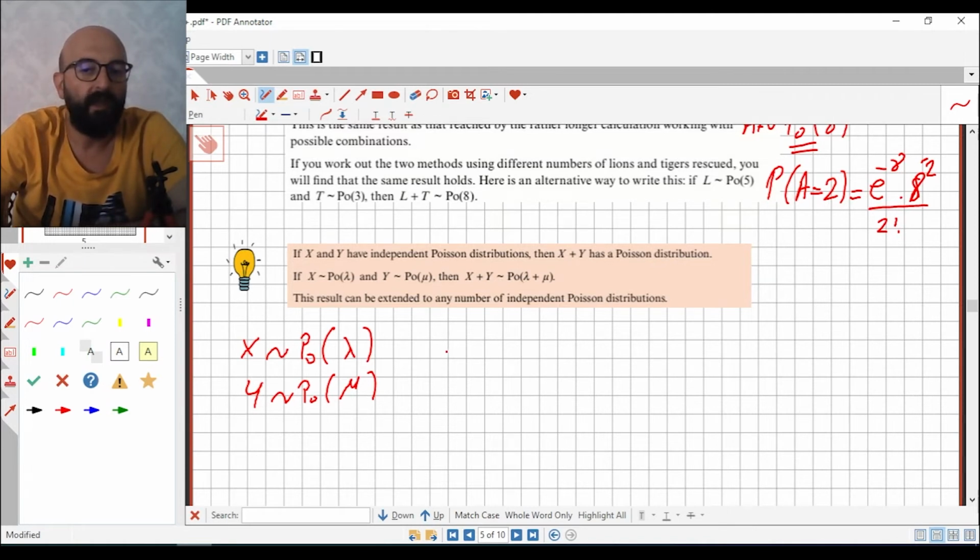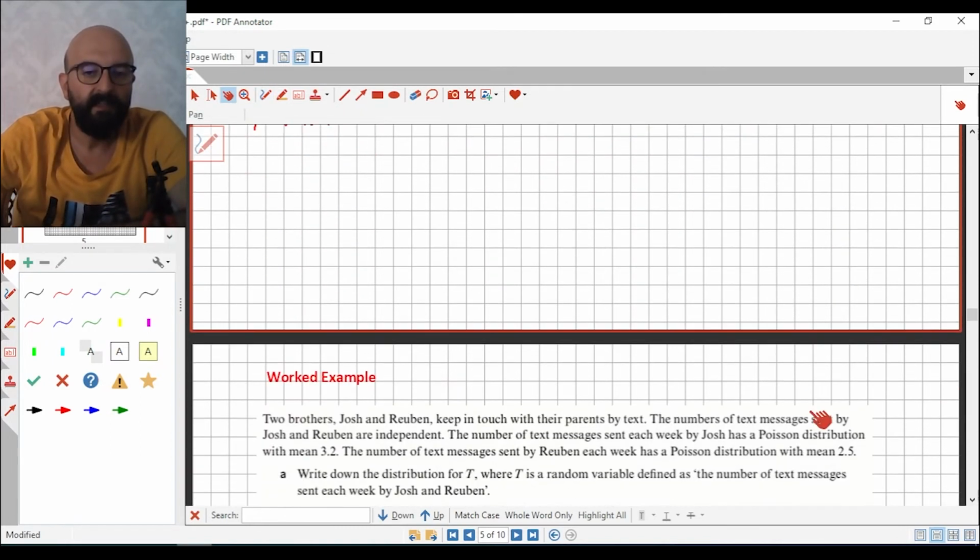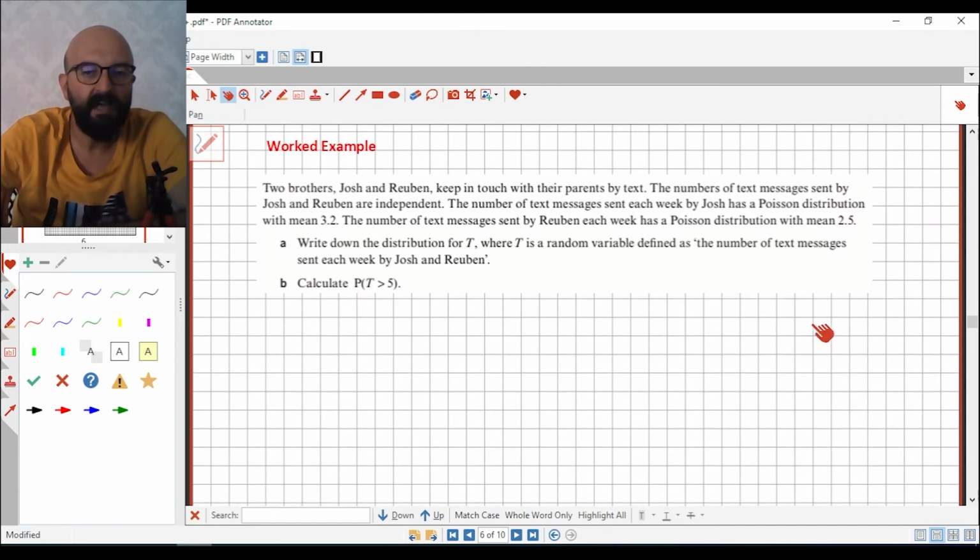If we want to find x plus y in the Poisson distribution, we should find lambda plus nu.